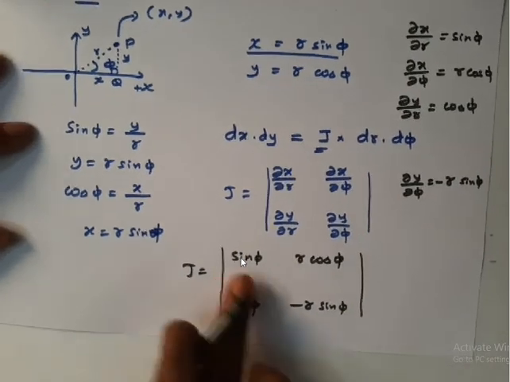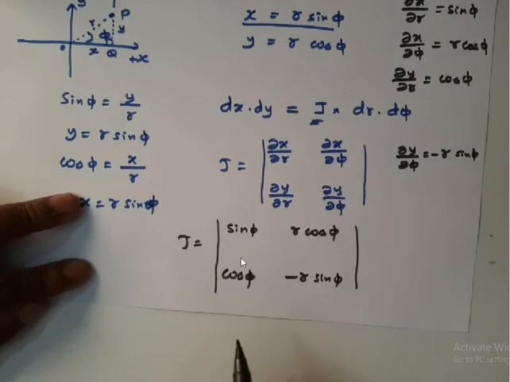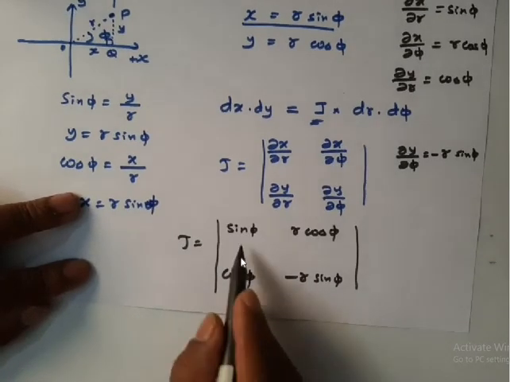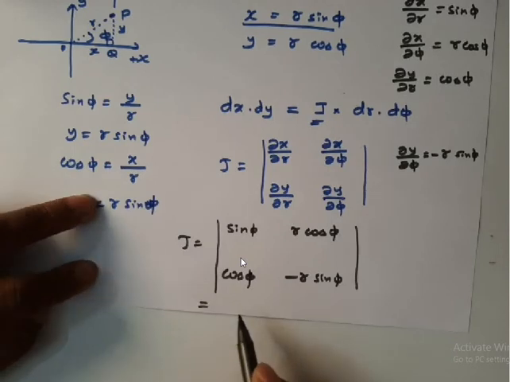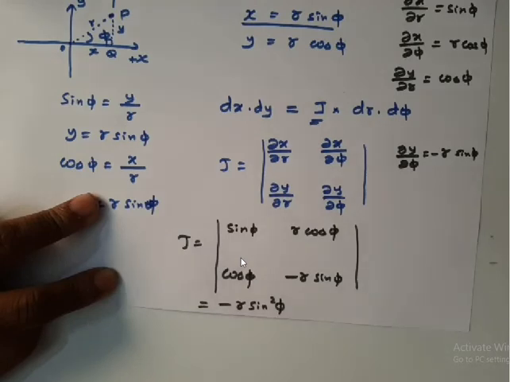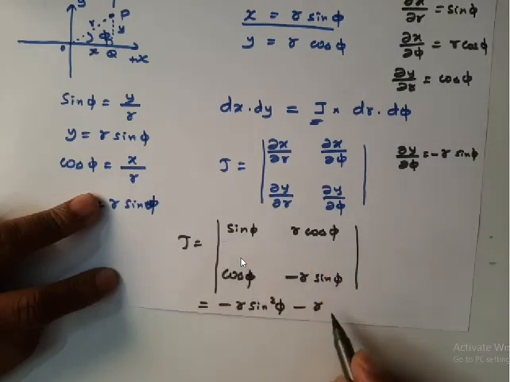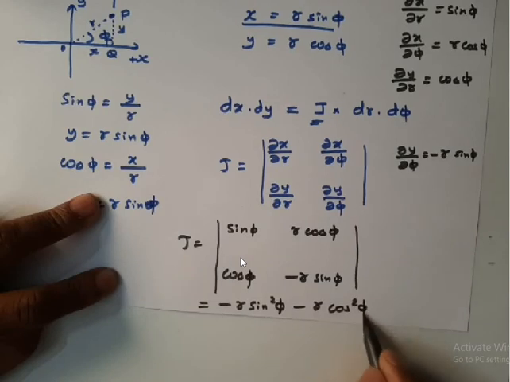If I cross multiply this, we get minus r sin square phi and minus r cos square phi.